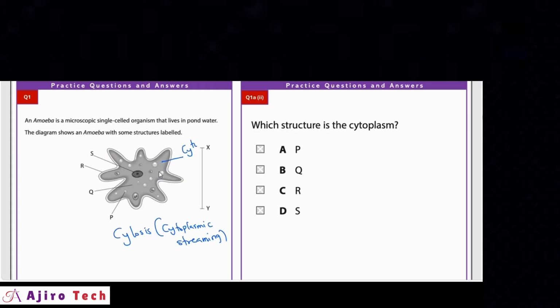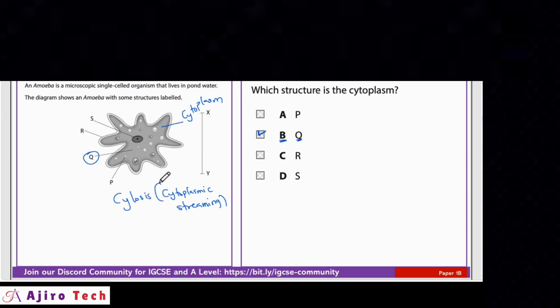Let's look at structure Q. Structure Q is the cytoplasm, where chemical reactions take place, and the cytoplasm also helps the amoeba move. So the answer is B, which is Q. If you look at the options, you tick this box. Right, so let's move to the next question.